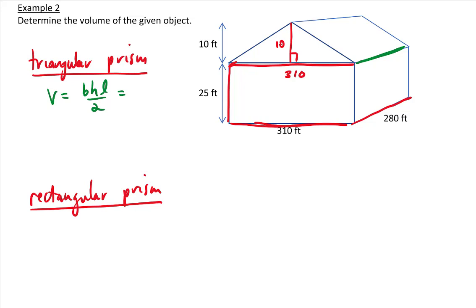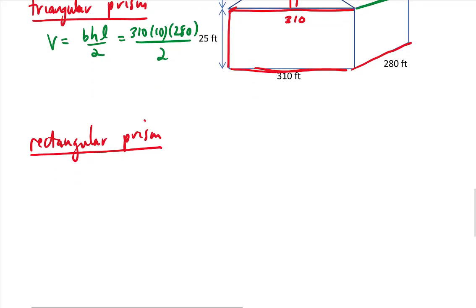So for our example, the base is 310 times 10 times the length of that prism, which is 280, all divided by 2. For the rectangular prism, we have length times width times height. So we can say the length is 280 times the width is 310 times the height is 25.